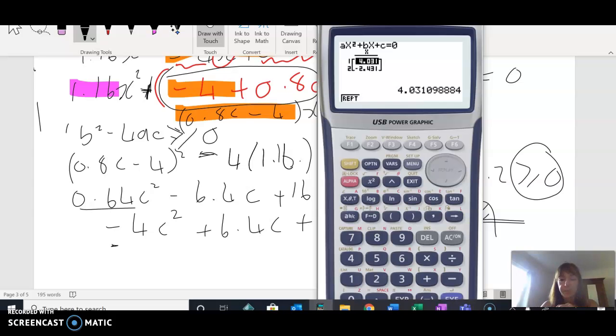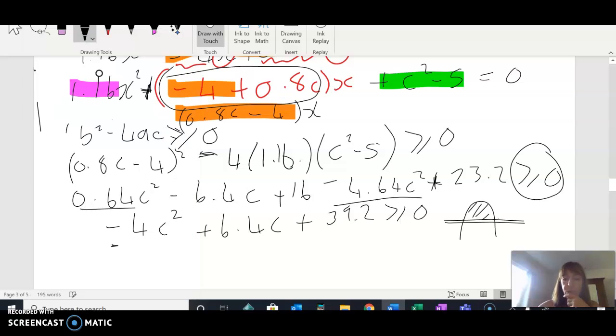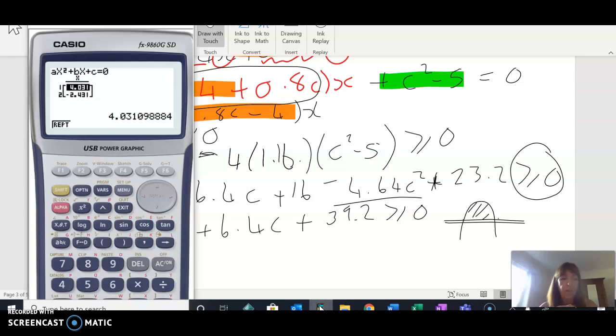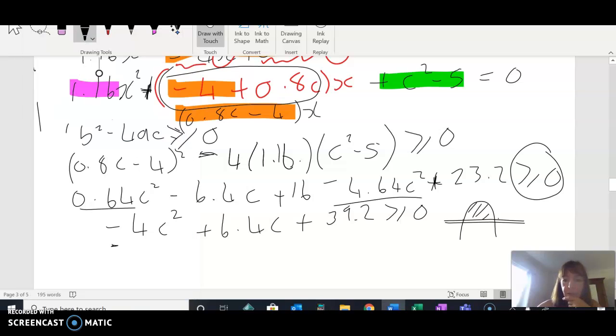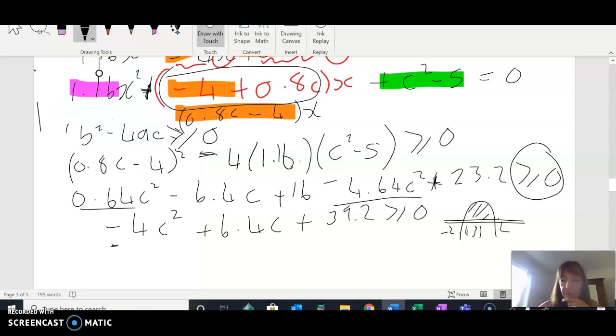Okay, so I have found that these 2 points are 4.031 and minus 2.431. Minus 2.431 and, brain like a sieve, 4.031.